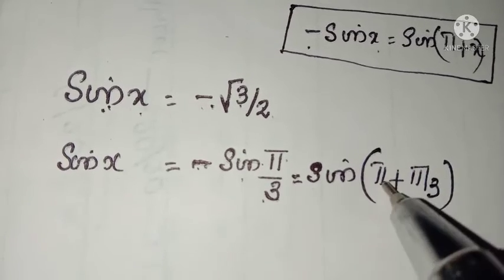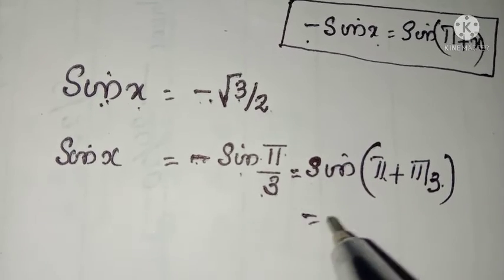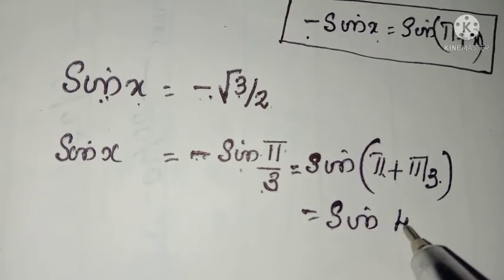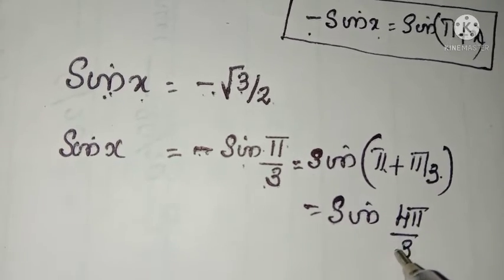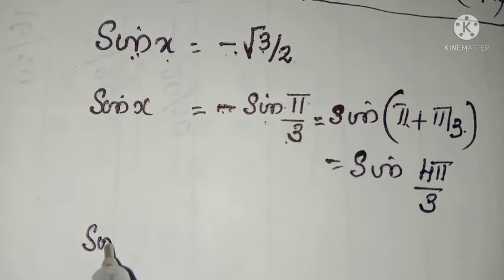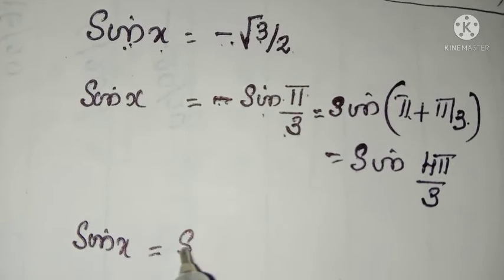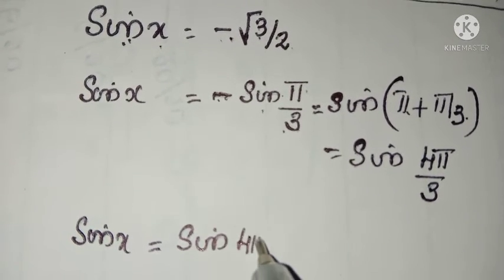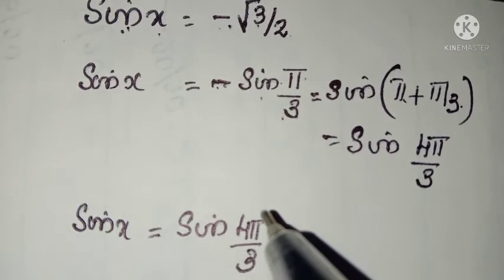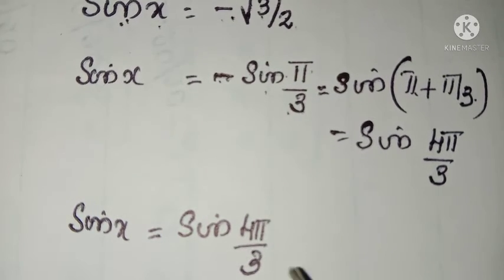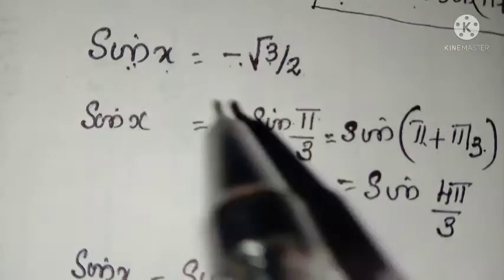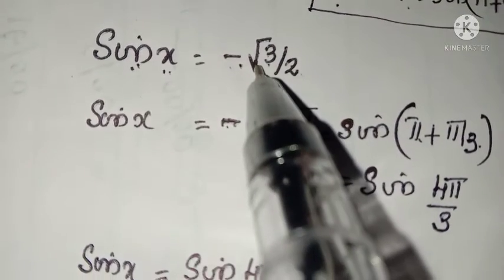Now what is pi plus pi by 3? It is 4 pi by 3. So sin x equal to sin 4 pi by 3. Listen, children, 4 pi by 3 is the value of x when sin x gives negative root 3 by 2.